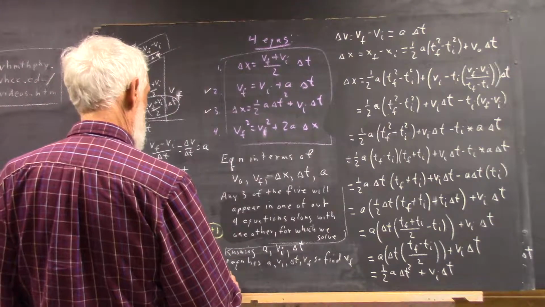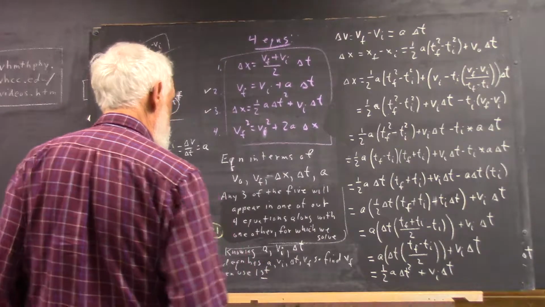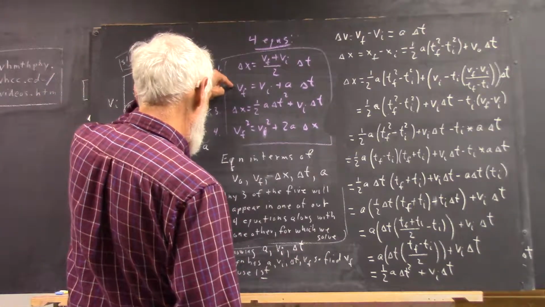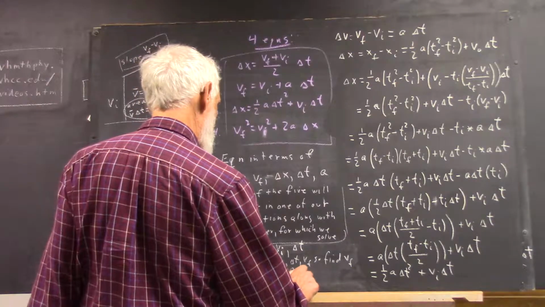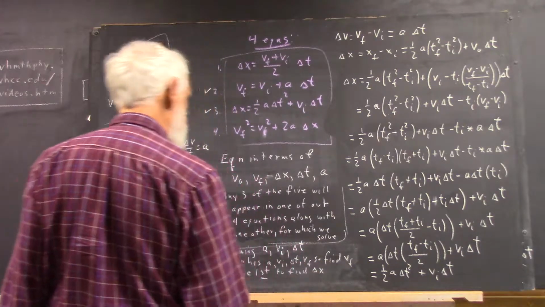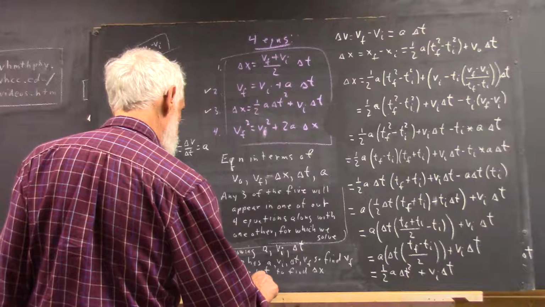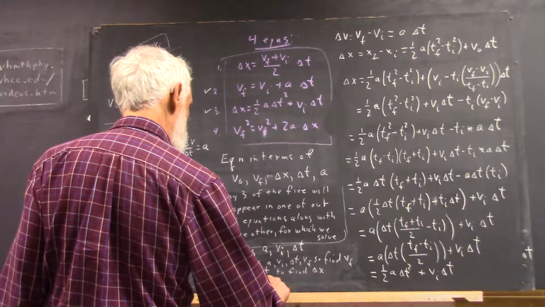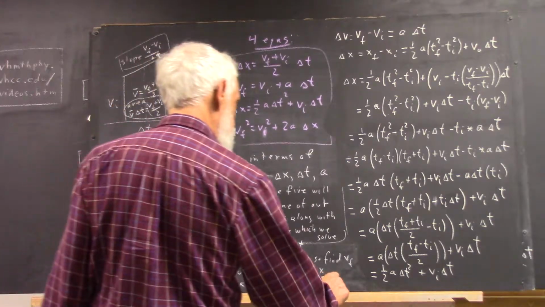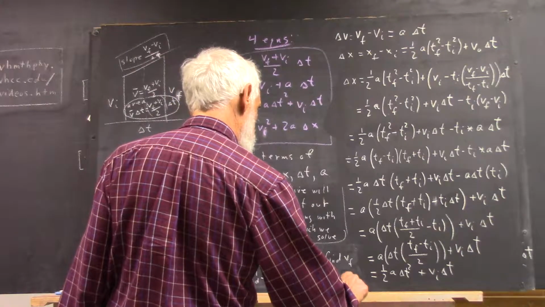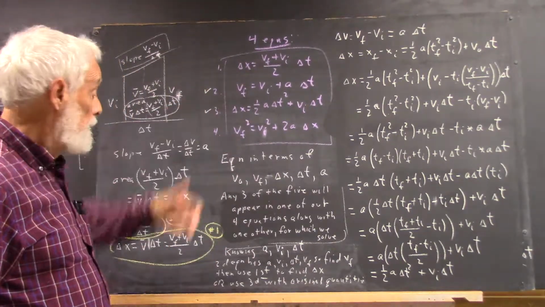Okay, so we could, having used the second equation to find VF, we could use the first to find delta x, or use the third with our original quantities, because the third was a possibility from the very beginning.